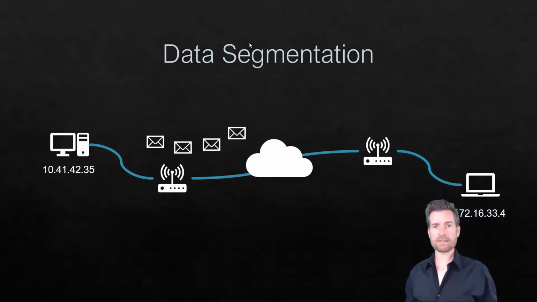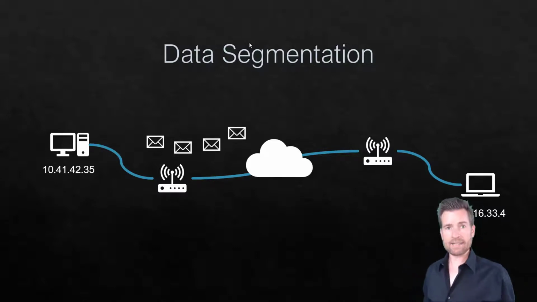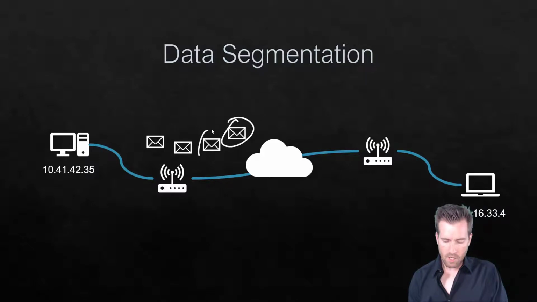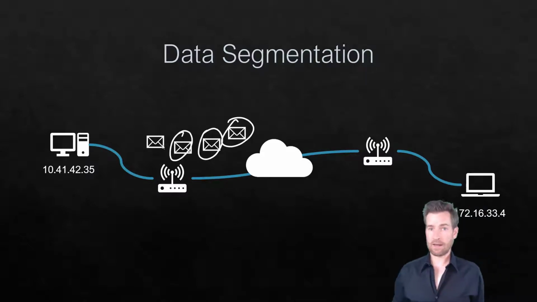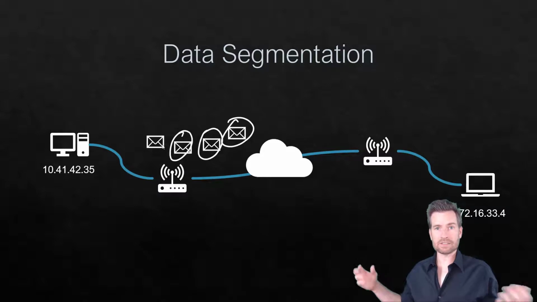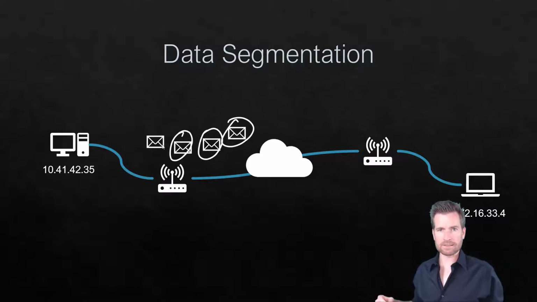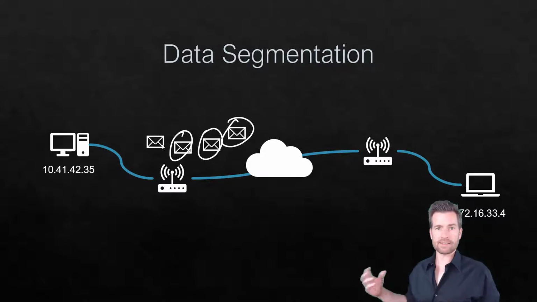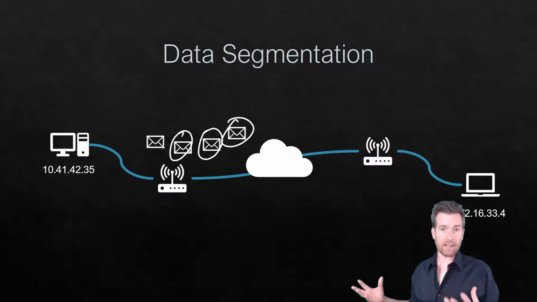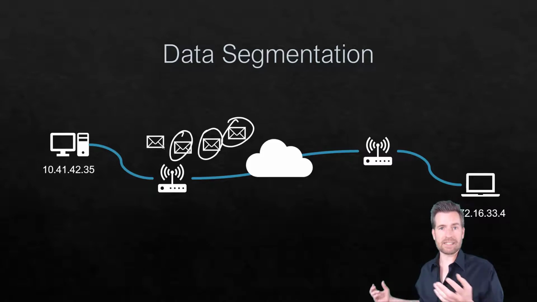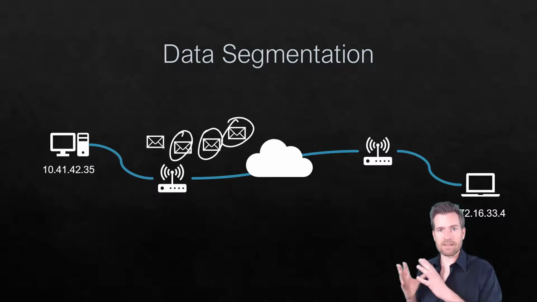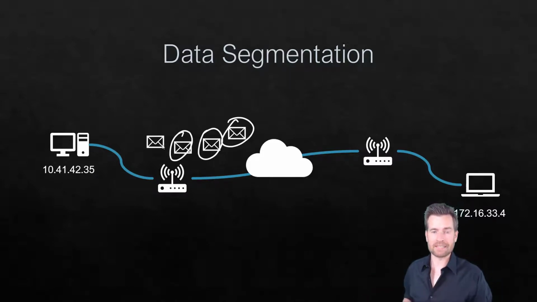So what happens is that we break data down into smaller components, so that lots of conversations can happen all at once. One person can download a file at your business or at your home while other devices communicate at the same time, because this data can get intermixed as it's sent across.